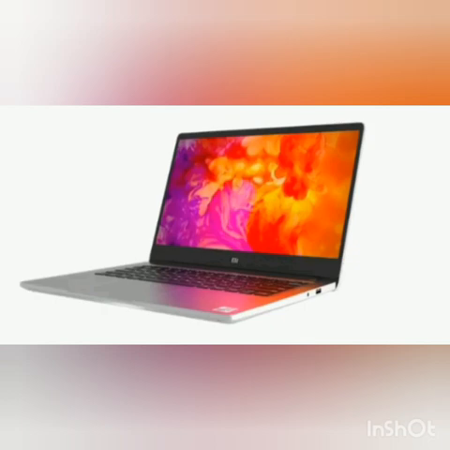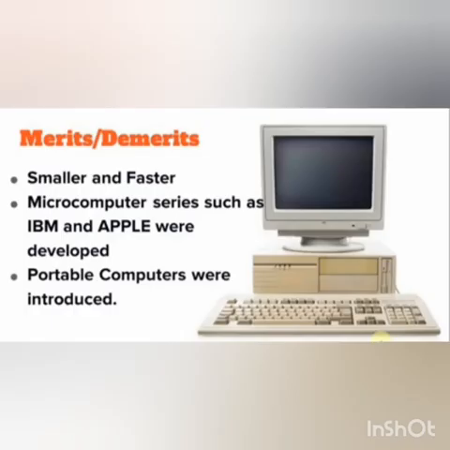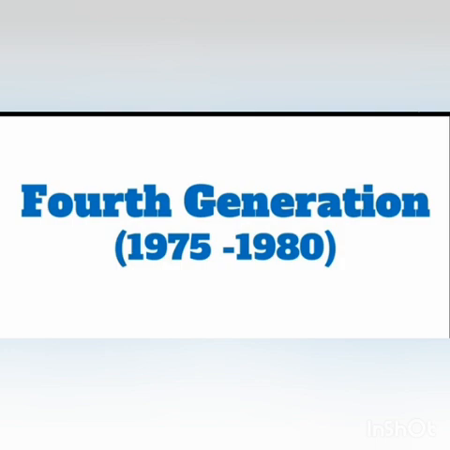So the laptop was introduced in the fourth generation. Apart from this, three common merits are there. Computers were smaller, faster and more reliable, consumed less power and generated less heat. All these things come under the fourth generation.